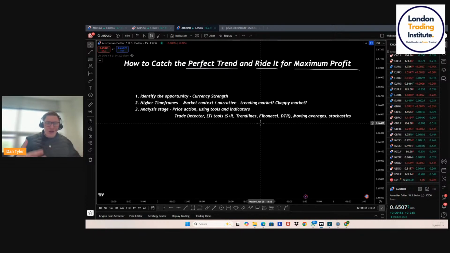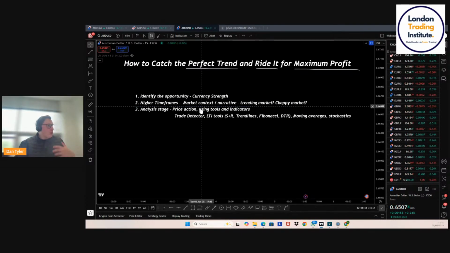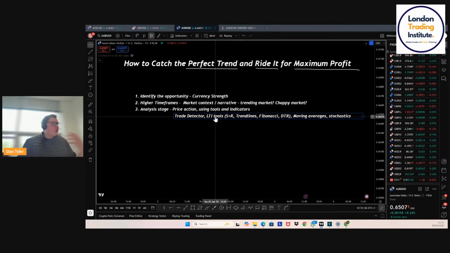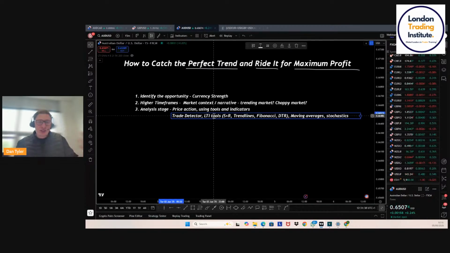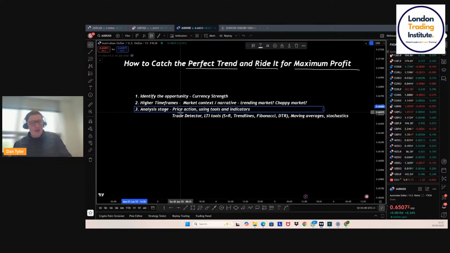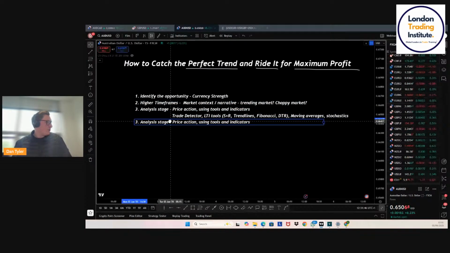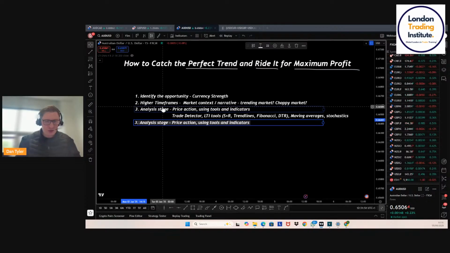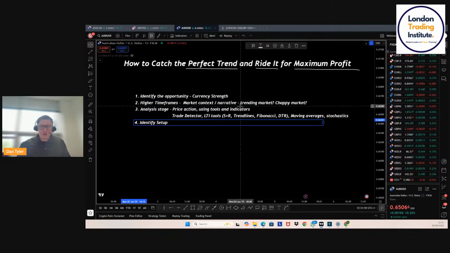And you want to go down into your time frames and you want to do your analysis, you want to do your price action, you want to use the same tools in the same way every single time, which leads us on to the 4th stage, which is identify the setup. This is essentially the strategy.